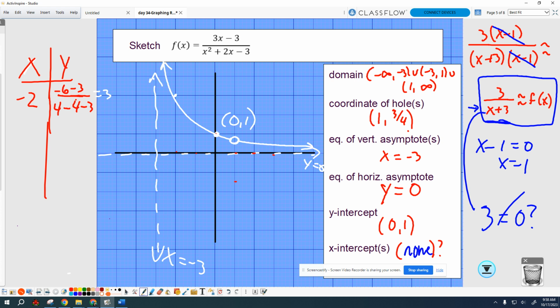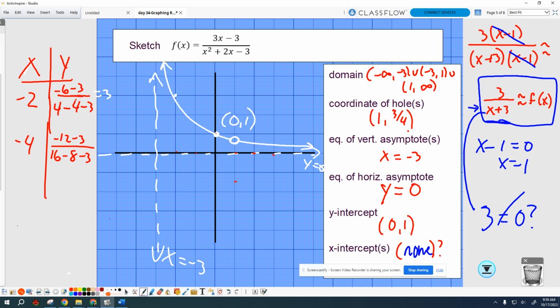Mikael, I need numbers on this side of my vertical asymptote. So numbers smaller than x equals -3. -4. Okay, so plugging in -4, that's -12 minus 3 over 16 minus 8 minus 3. Okay, what does that come out to be? -15 over 5.